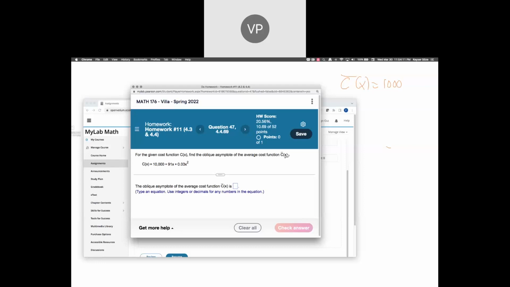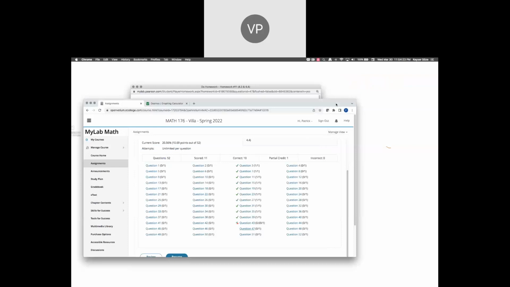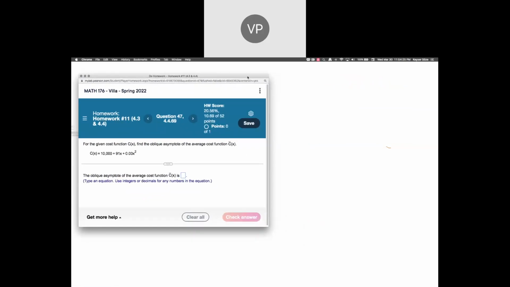Let me do this with some more room. Okay, so average cost function, that's that function C with a little line over it. That's going to be the original function you had.